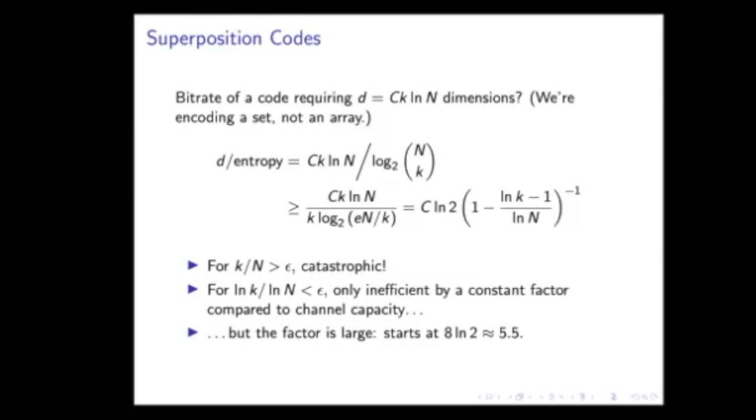So even if in general I could encode a set with ck log n dimensions, the bit rate, the number of bits per dimension, would still be really small because the true entropy of the thing I'm encoding is log n choose k, which is more like k log n minus k log k, right? There's this extra term I'm forgetting because I can rearrange my set, and my encoding doesn't contain this information, and so I shouldn't be paying for it, right?